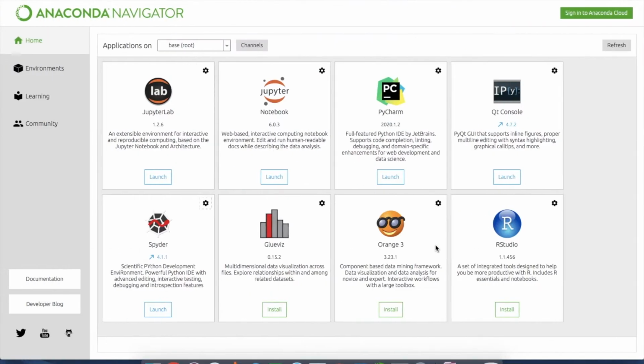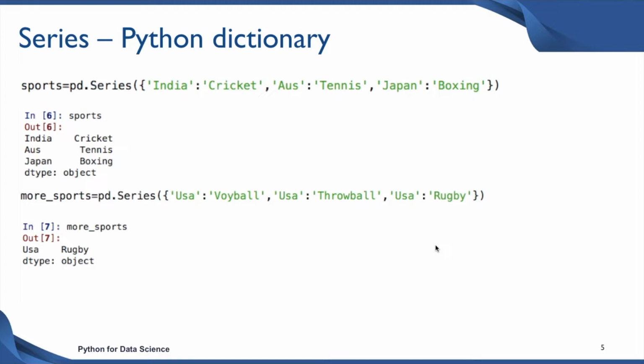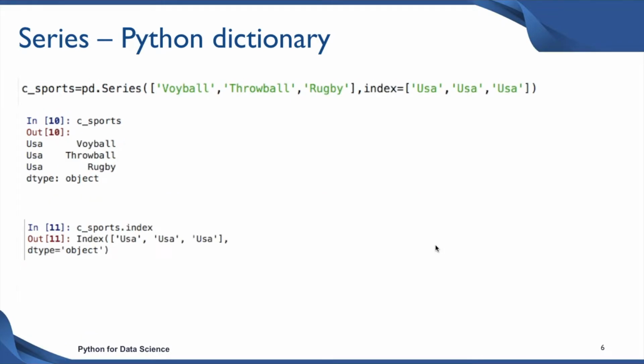So this we can solve by giving the index, right? So here you can say that all these games are played by a single country and we are trying to give the index, right?